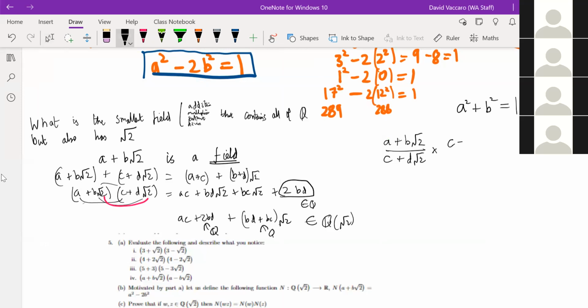I would multiply by c minus d root 2. Then the top would be fine, and the bottom would be c squared minus 2 d squared, and the top would be in Q root 2.